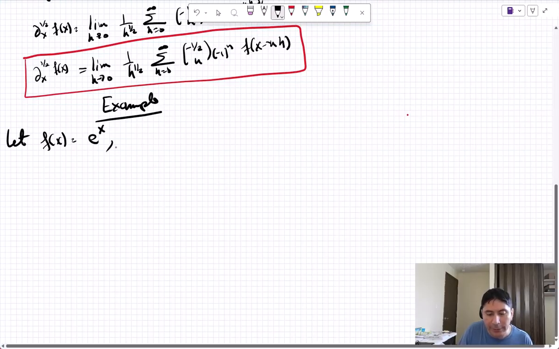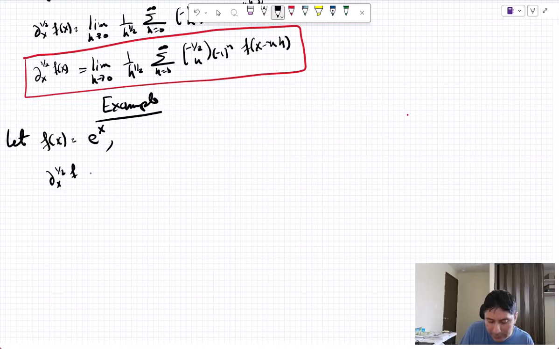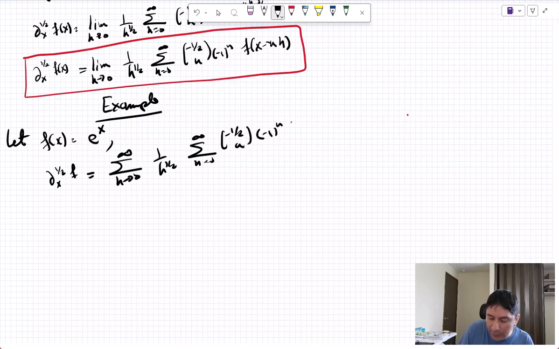Now if we do that, then the fractional derivative of f of x is going to be equal to the limit as h goes to 0 of 1 over h to the 1/2, the sum n equals 0 to infinity of minus 1/2 choose n, minus 1 to the n, and then this is going to be e to the x minus nh, right? And the nice thing about this formulation is that this e to the x can be factored out.